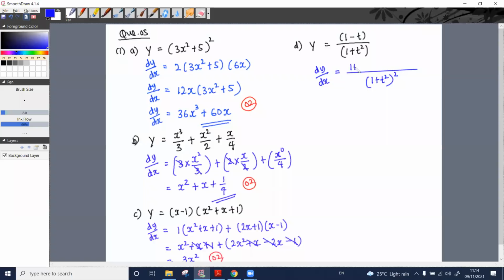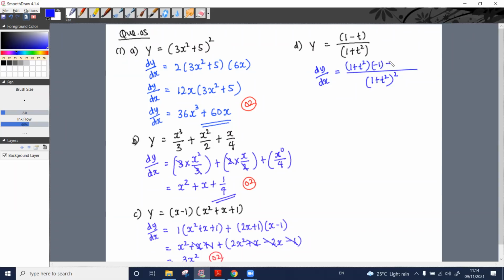That means 1 plus t squared, and multiply this by the differentiation of the numerator. 1 is a constant, we can simply ignore. Minus t. Once we differentiate this one, it is minus 1.